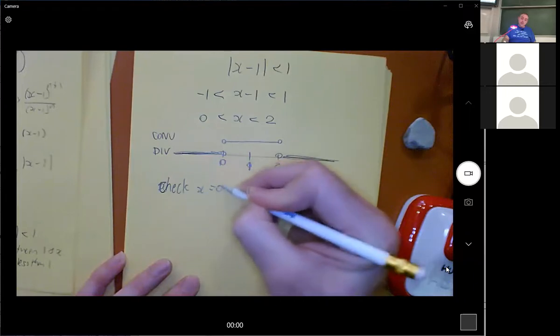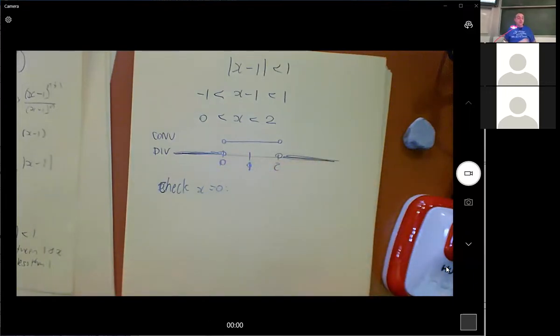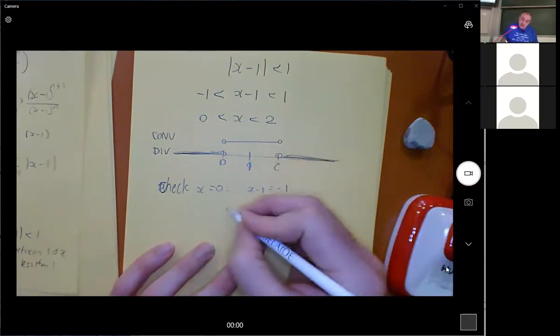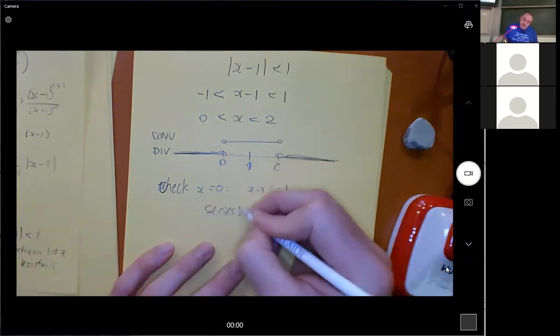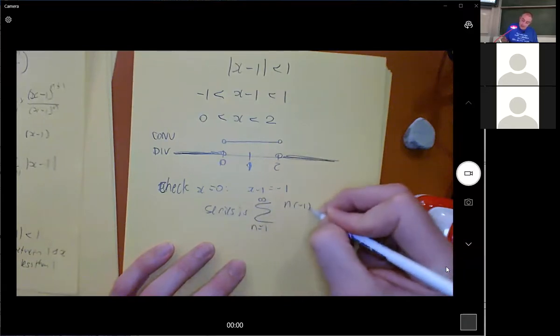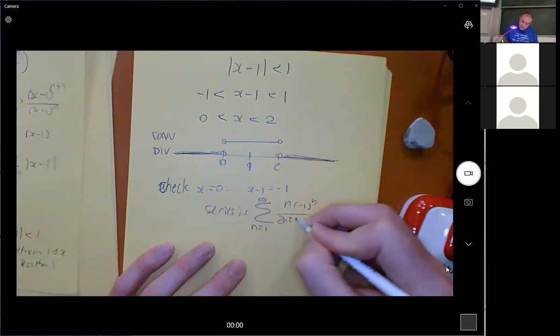Check x equals 0. So when x equals 0, x minus 1 is minus 1, and the series is the sum from n equals 1 to infinity of (-1)^n times n over 2n squared plus 1.